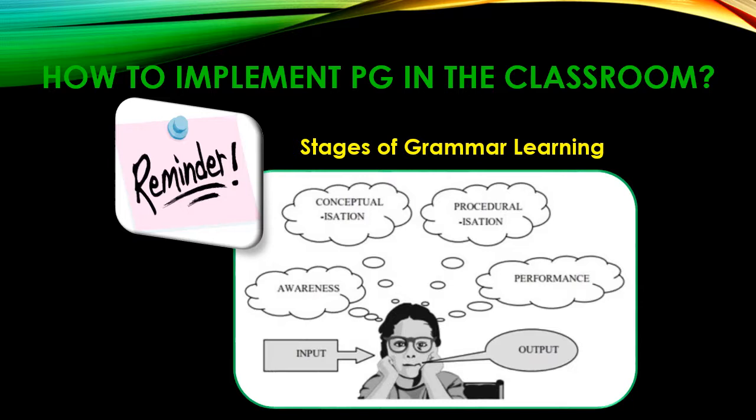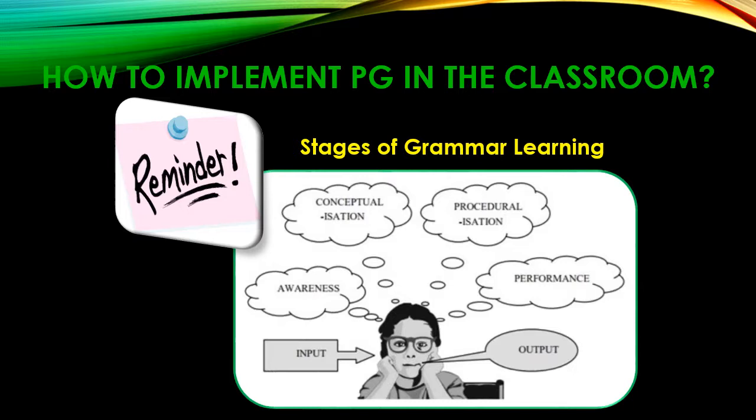Number three is proceduralization. This stage is focused on the practice of oral and written activities to guide the learning towards the performance stage. This stage connects competence and performance. And number four is performance. In this stage, learners can use grammar in open contexts.